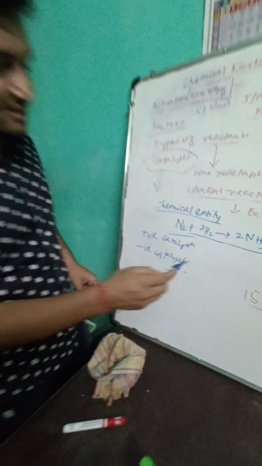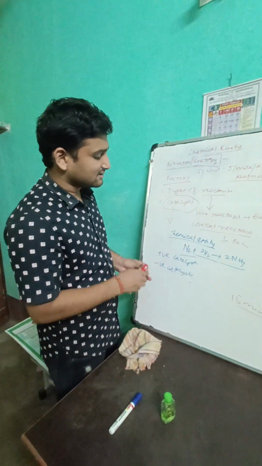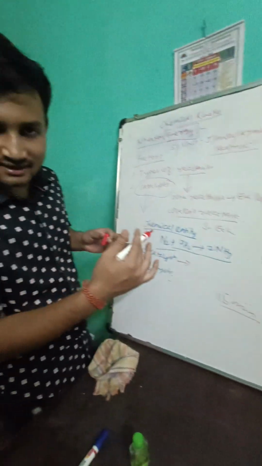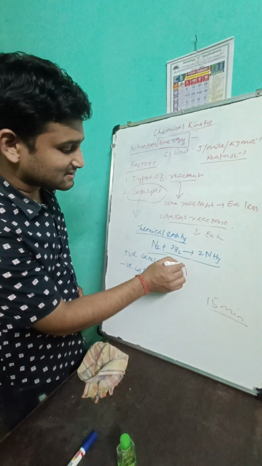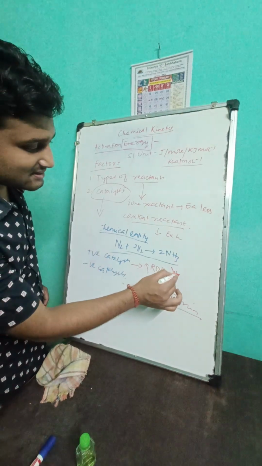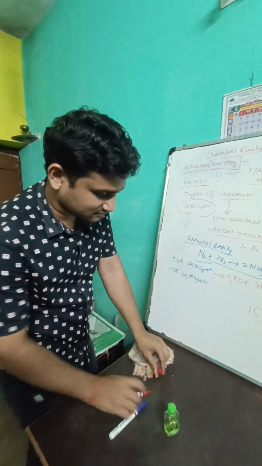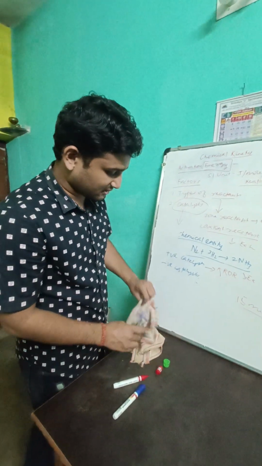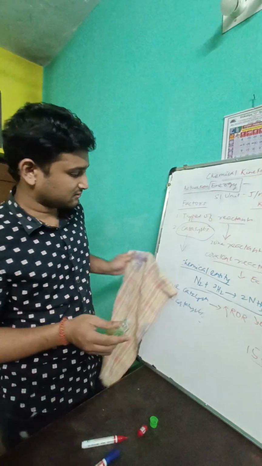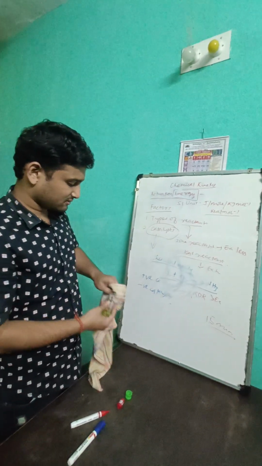Positive catalysts are those which, when used in a reaction, increase the rate of reaction and thereby decrease the EA. I will show it in a graph so that you can better understand how this actually works.